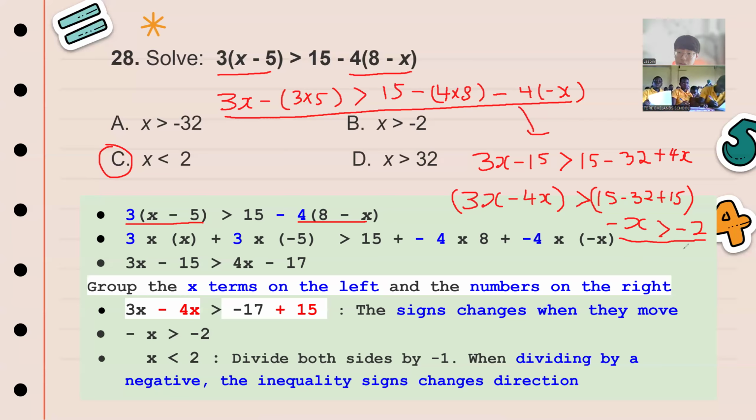But here is the final step. You need to divide by -1 on both sides, right? But in an inequality, if you divide both sides by -1, the inequality sign changes direction. This is really important. So this becomes x is less than 2.